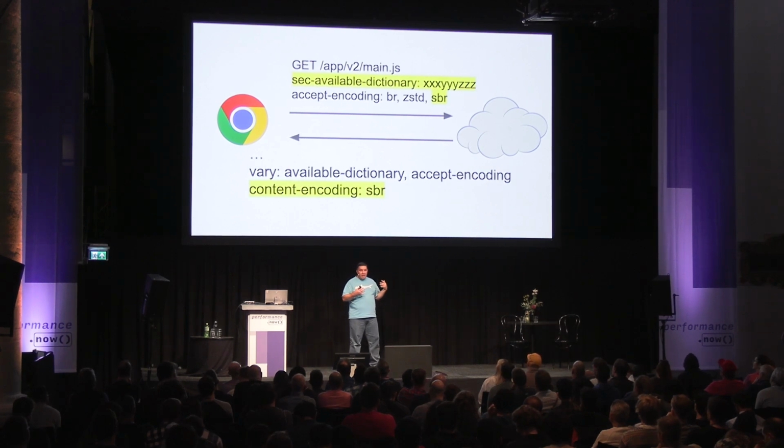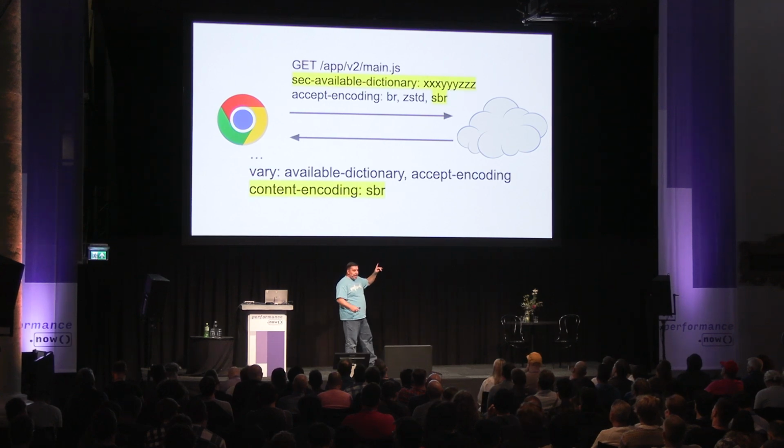When we originally did a lot of this work, it was going to be shared Brotli. Zstandard was released since the time that we started doing shared compression work, and Zstandard also supports dictionaries. Chrome, as of, I want to say 116 or so, has support for Zstandard. And so now Chrome also has support for Zstandard dictionaries, as well as Brotli dictionaries. So whatever your flavor of compression you like to do, we'll accept either one.